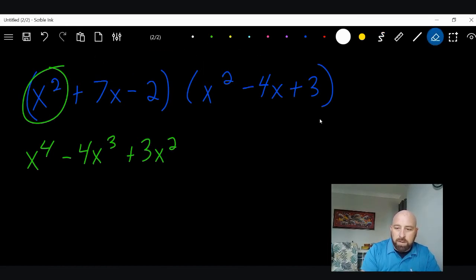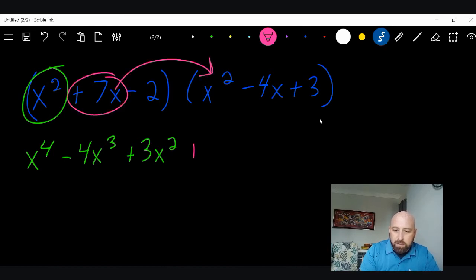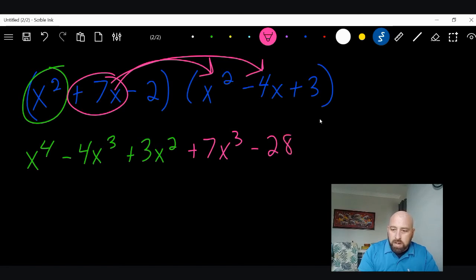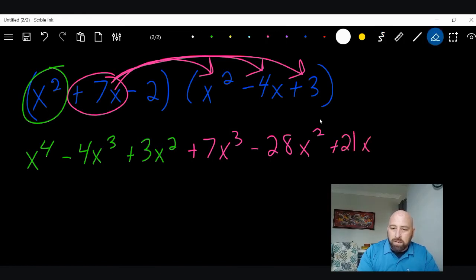And then I would come up and do the next one. 7x into that gives me plus 7x cubed. There. I get negative 28. Yeah, negative 28. There we go. Knew something didn't seem right there. Negative 28x squared. And then the last one, I'm going to get the positive 21x. Okay. And then I'll erase those.